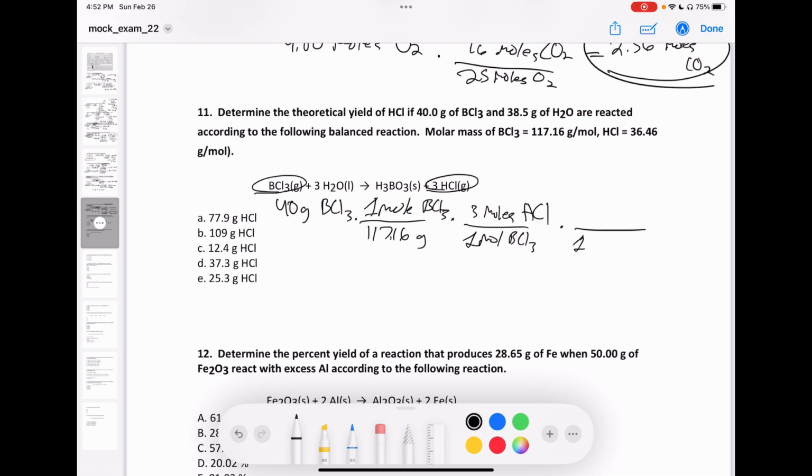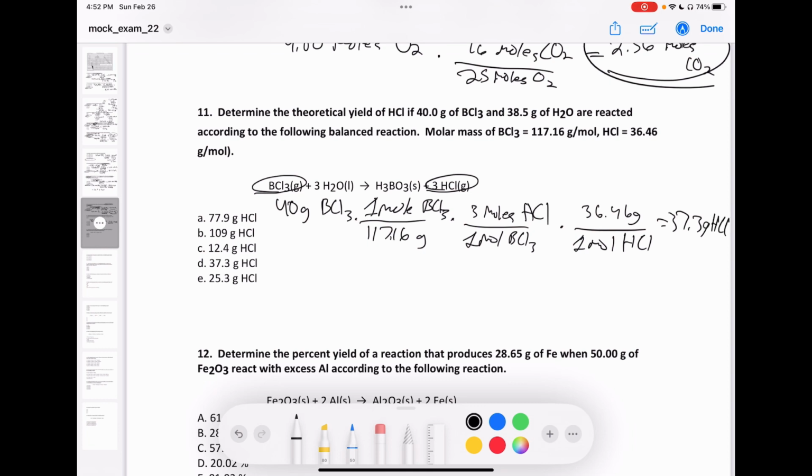And then for every 1 mole of HCl, 36.46 grams exist. And that number is 40 times 3 times 36.46 divided by 117.16, which is about 37.3 grams HCl.